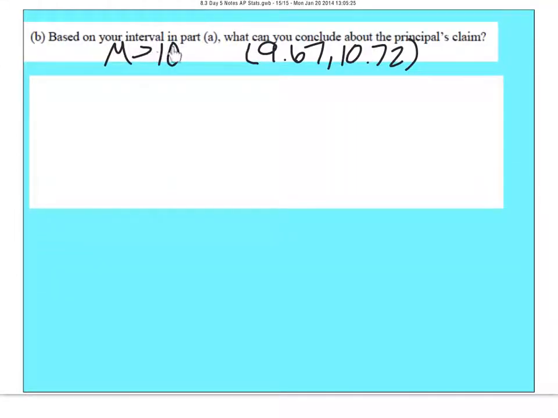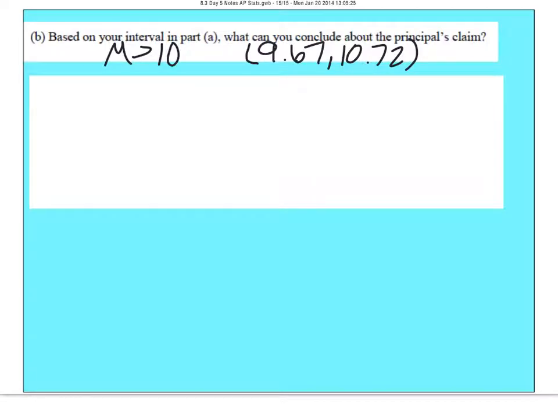So based on your interval in Part A, which was between 9.67 and 10.72, what can you conclude about the principal's claim? Now remember, the principal claimed that he thought the mean average is going to be at least 10, so greater than 10. So when you look at this interval, you're going to say, sure, this interval actually captures values greater than 10. However, you must be cautious.